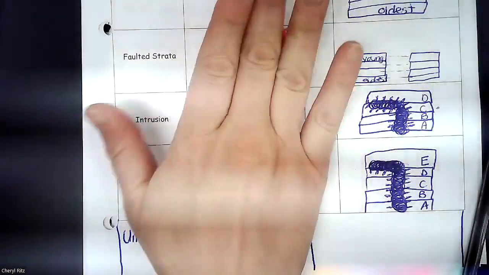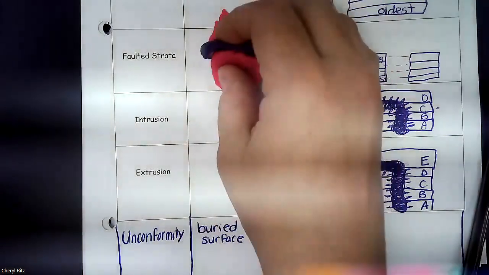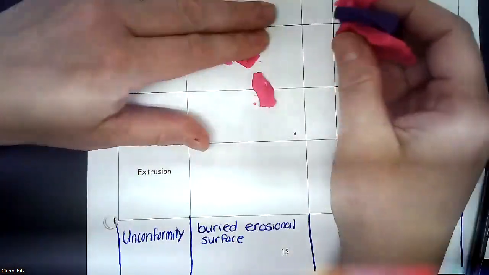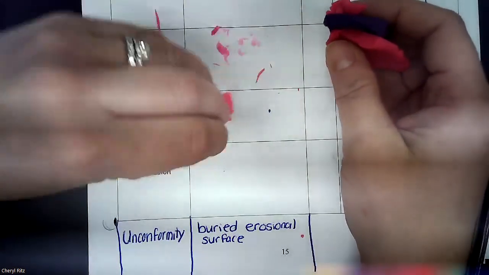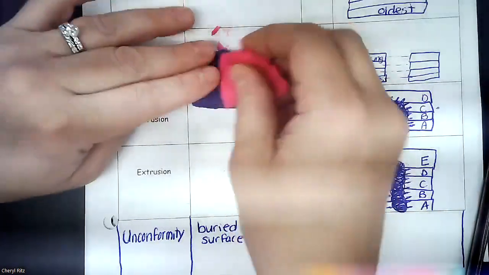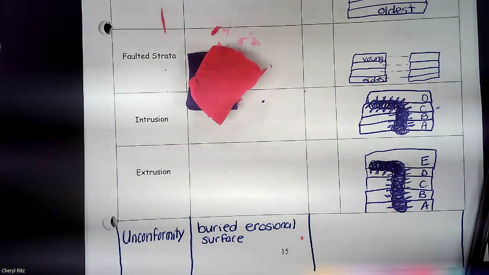Same thing. Now, what happens if in the meantime, so we had the pink layer, the purple layer, and a new pink layer, what happens if a glacier comes through the area right about now? What might the glacier do to these layers of rock?